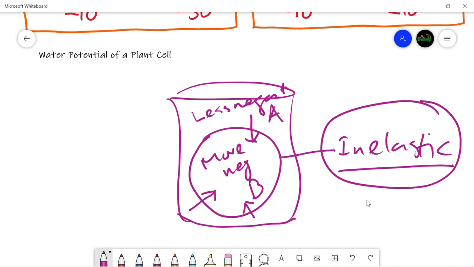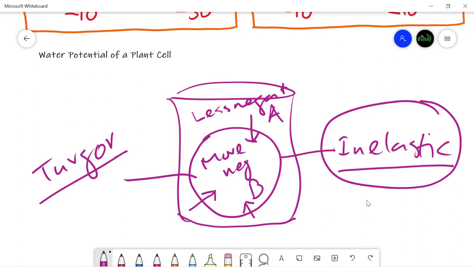That is, water potential both inside and outside becomes the same because of the development of turgor pressure inside. So this was the hypothetical example that we have seen in our previous videos.